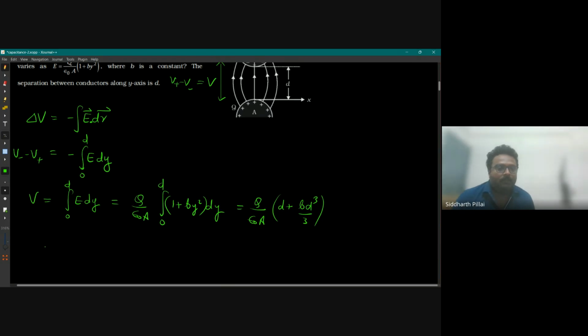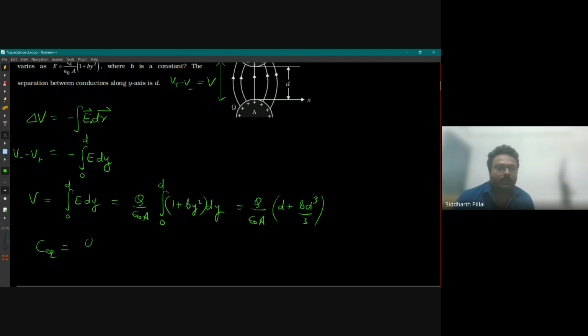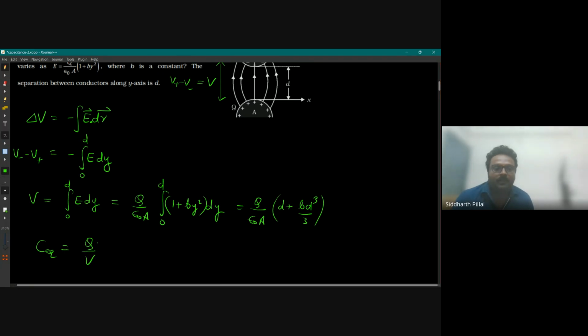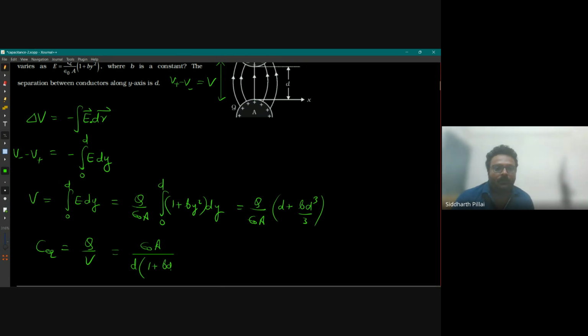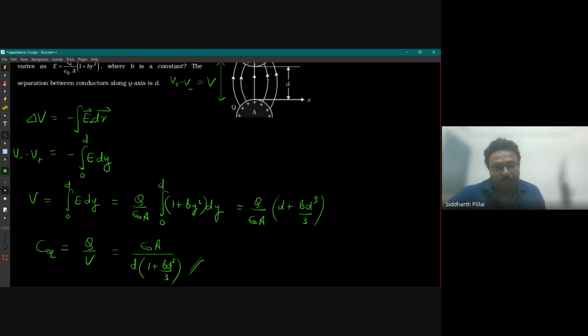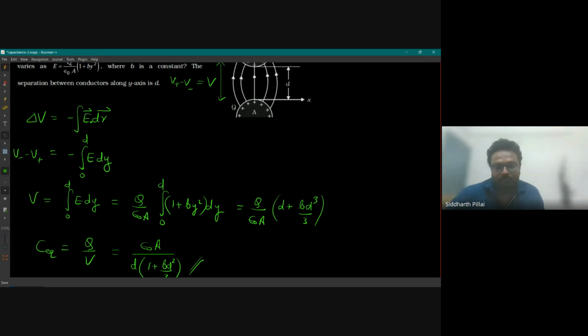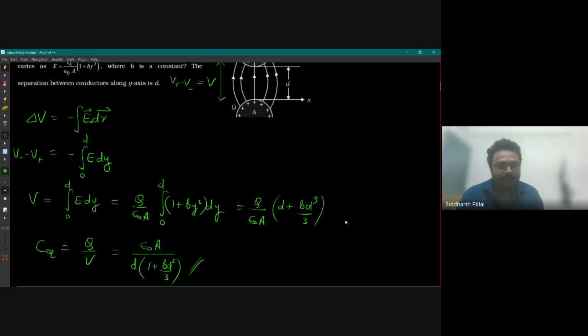Now you know that capacitance is charge Q over potential difference V. So if you do Q by V, you will get epsilon naught A by d, you can take d common and write it as 1 plus b d square by 3. So that would be your answer. Okay. I think this should be clear for everyone. If not, please ask if you have any doubts.